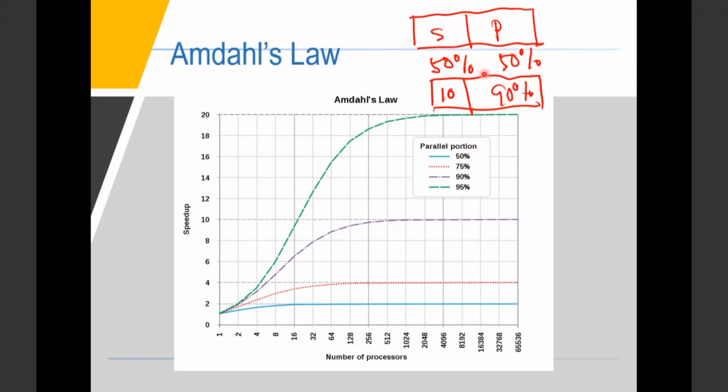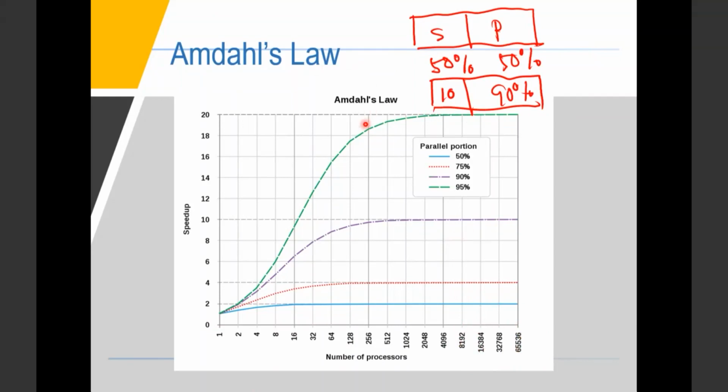And when you increase your parallel portion to 95%, which is this green color here, the speed up can increase up to 20 times only. And after that, it cannot go beyond that, even though you increase your processors. So this is what Amdahl's Law told us, that there is a limit to every optimization process.